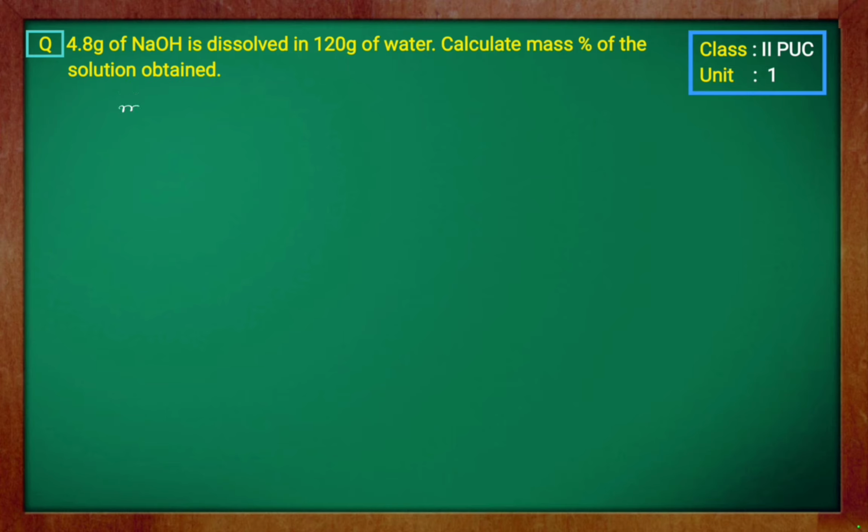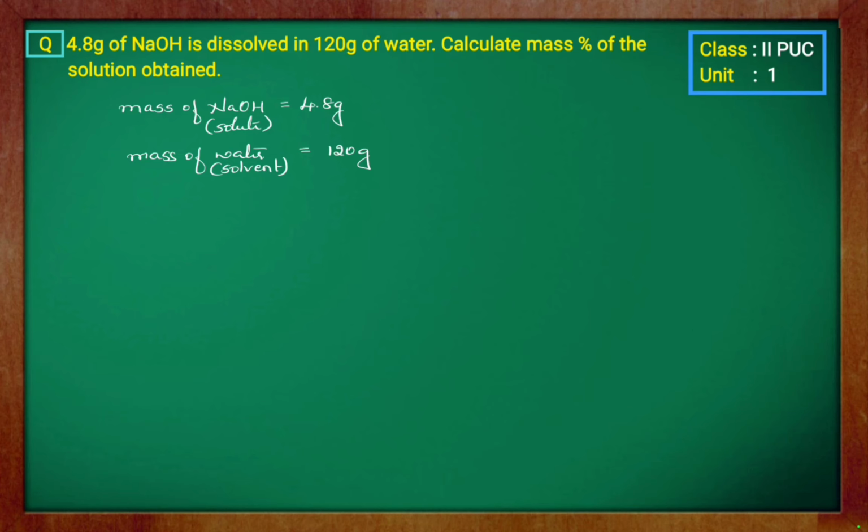We have mass of sodium hydroxide, that is solute, which is equal to 4.8 grams. Also it's given mass of water, which is solvent, 120 grams. We should find mass percentage of the solution that is obtained.